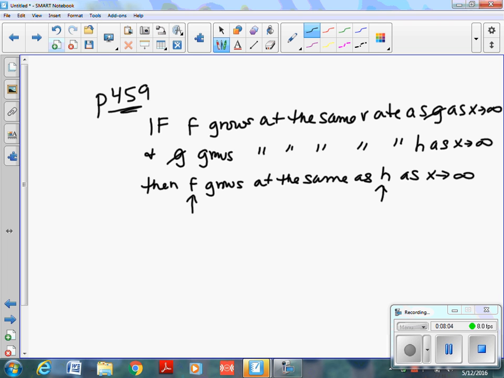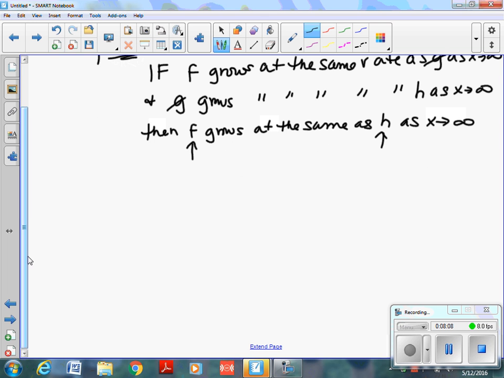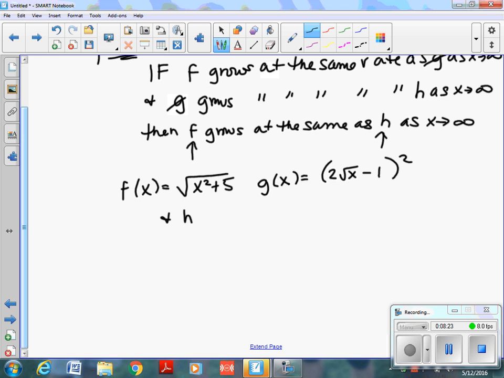So I'm going to show you one. Last problem. If f of x equals the square root of x squared plus 5, and g of x equals 2 square root of x minus 1 raised to the second, and h of x equals x.